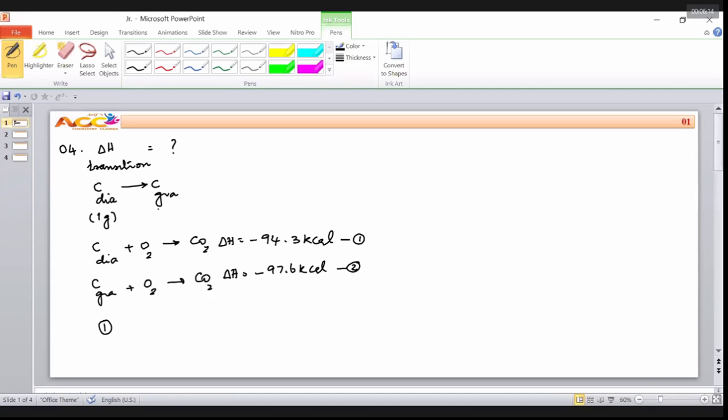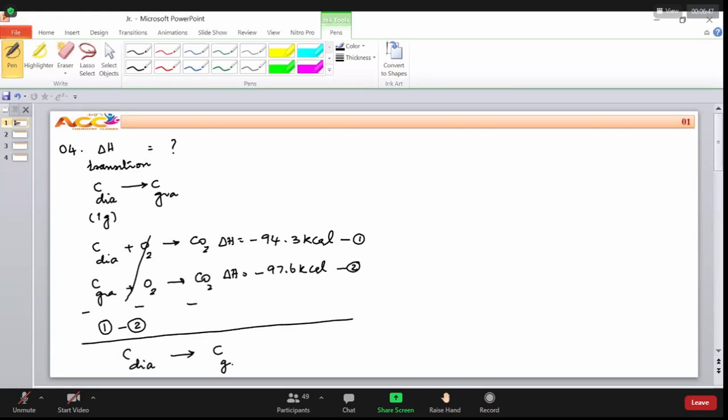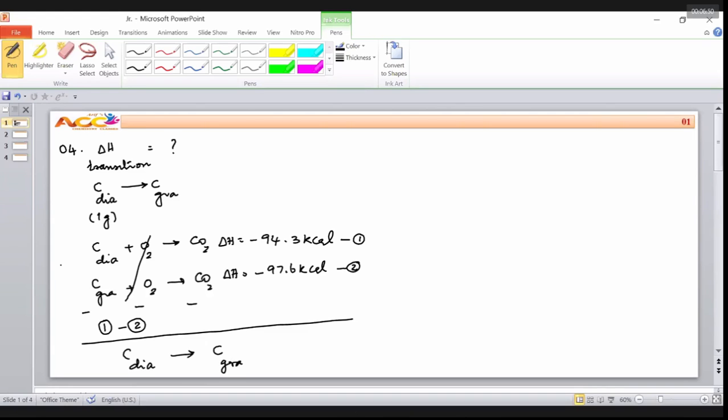Graphite is on the right hand side, so I take minus equation number 2. This is 1 minus 2. If you cancel it off, what do we get? C diamond is equal to C graphite. What we have done is 1 minus 2.